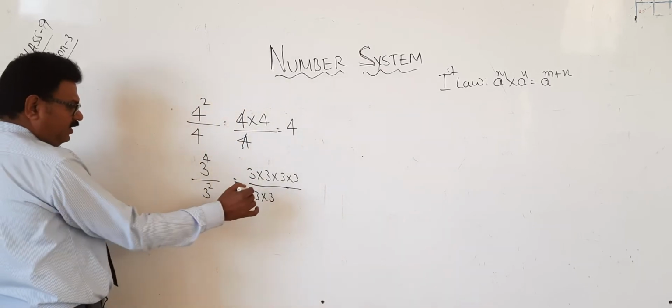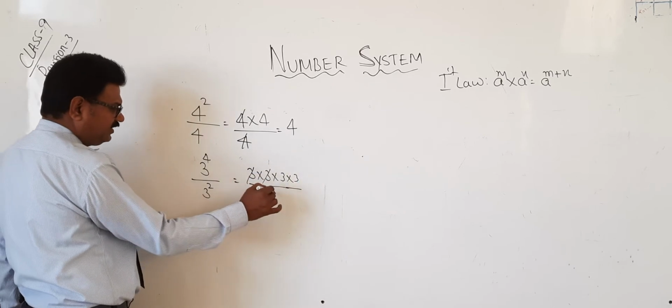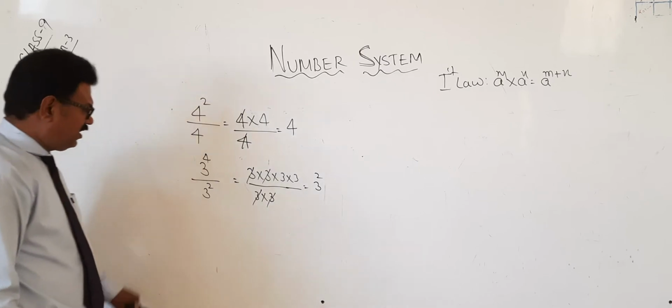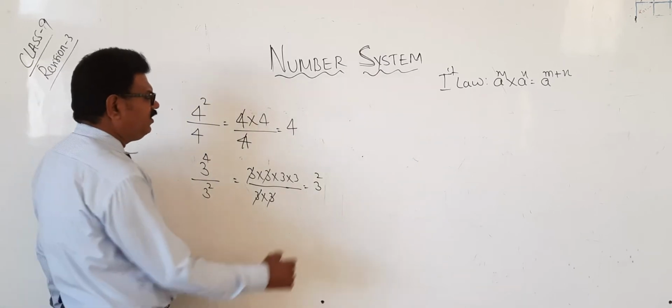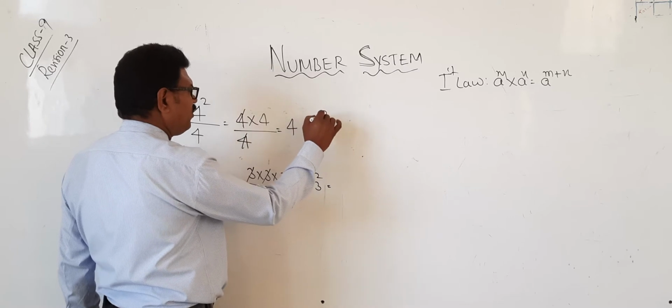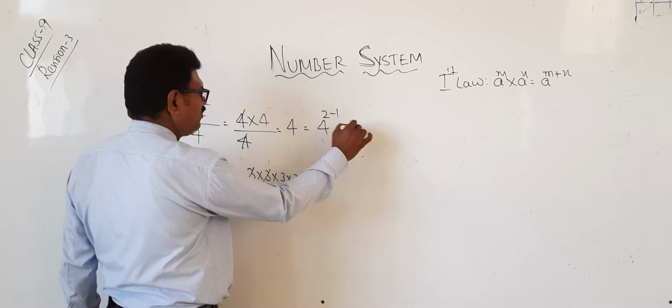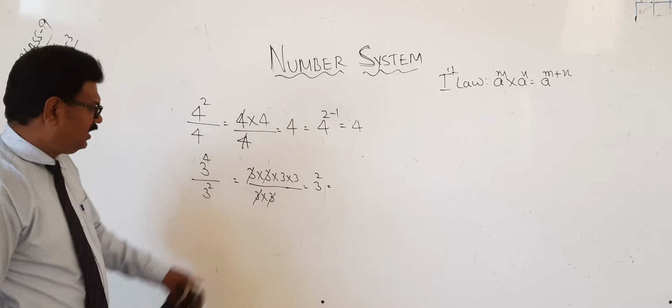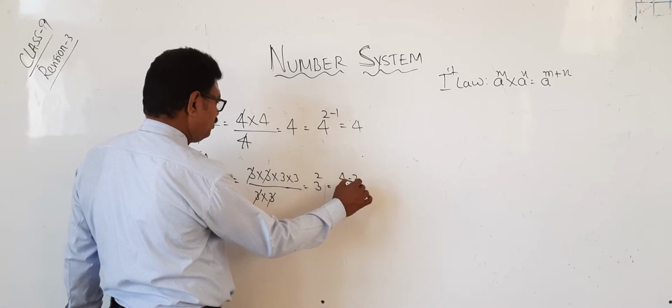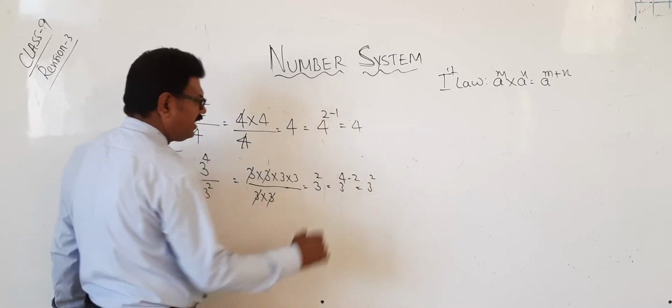After cancelling, the answer is 3 square. According to this, 4 to the power of 2 minus 1 is equal to 4, and here 3 to the power of 4 minus 2, therefore 3 square.